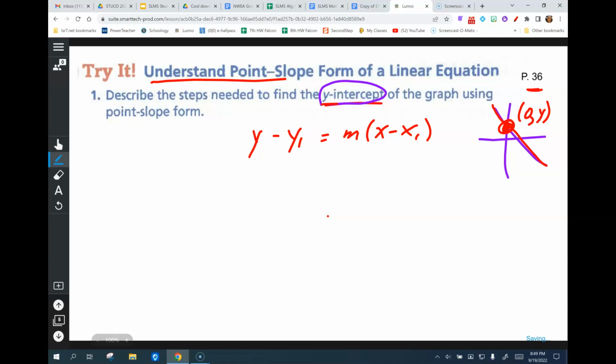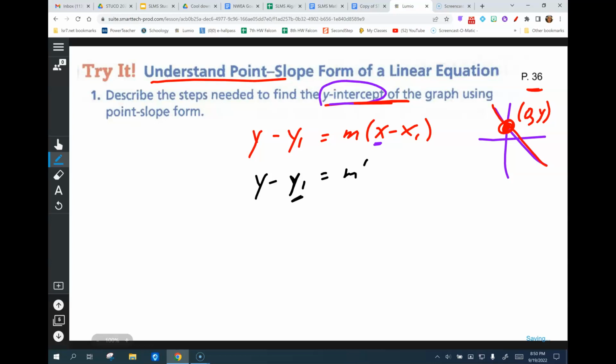So if I want to find the y-intercept, describe the steps, I'm going to plug 0 in for x. Okay, so to find the y-intercept, I'm just going to plug 0 in for x. Okay, so that means that I have y minus y sub 1. I don't know my y value, but that's how I'd find my y value.